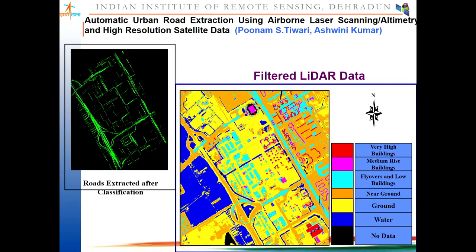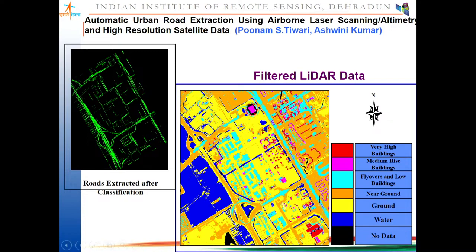Now with this I will just show you a few case examples. Here object-based image analysis was done to extract urban roads automatically by combining airborne laser altimetric data and high resolution satellite images. The laser data was filtered and classified.